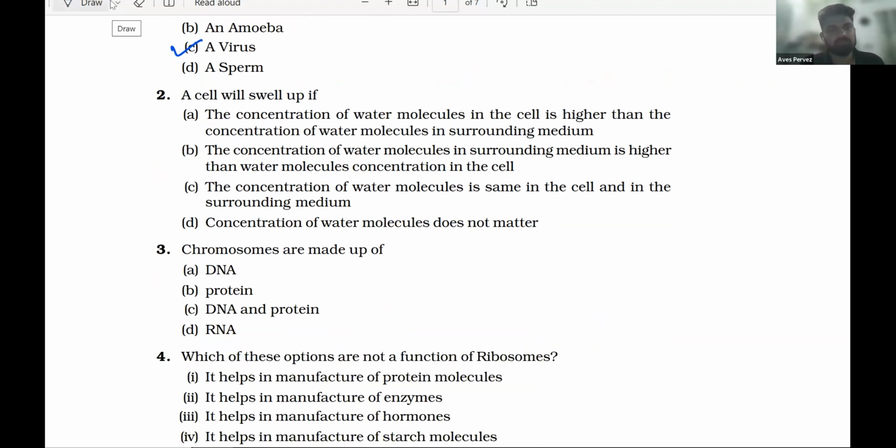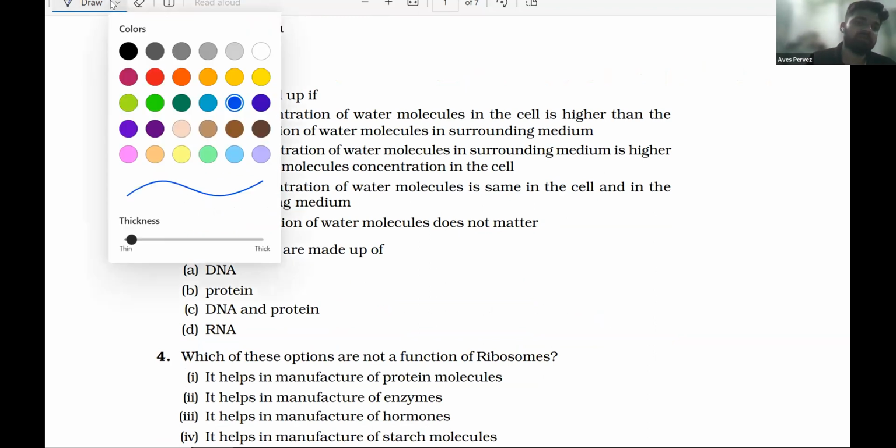B. If it is said that a cell will swell up, when is a cell going to swell? Hypotonic, right?